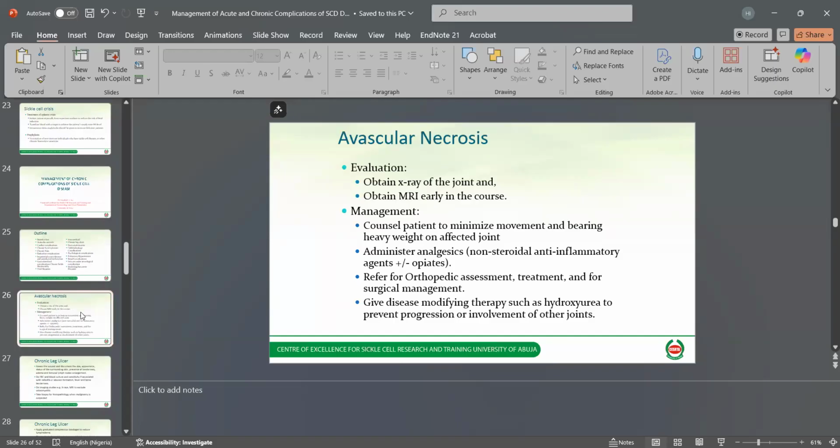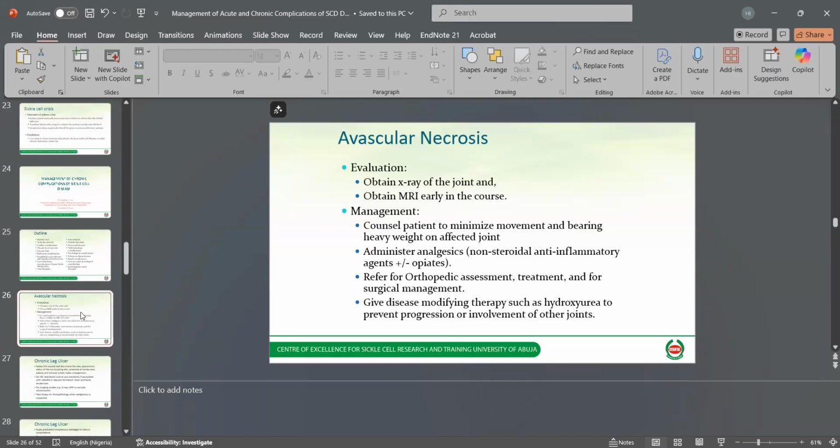So we start with avascular necrosis of the bone. This is usually due to repeated vaso-occlusive crisis occurring at the joint or in certain parts of the bone, usually where there is no anastomosis, no alternative blood supply to such joints.